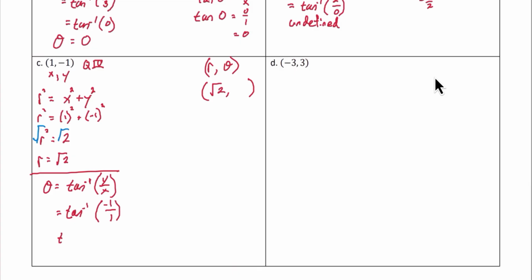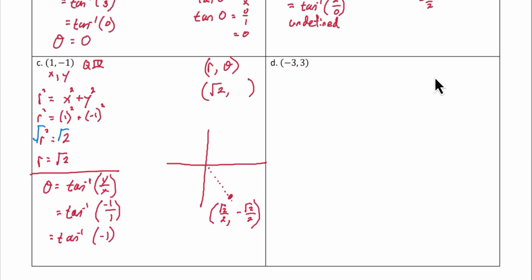So inverse tangent of negative 1. Let's think about the unit circle now. Where is tangent -1? Tangent is -1 down here in quadrant 4. Again, going back to the unit circle, that's going to be at the coordinate square root of 2 divided by 2, comma, -√2 over 2.